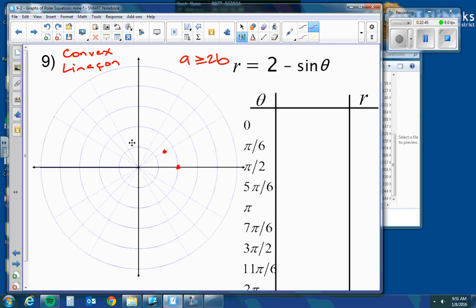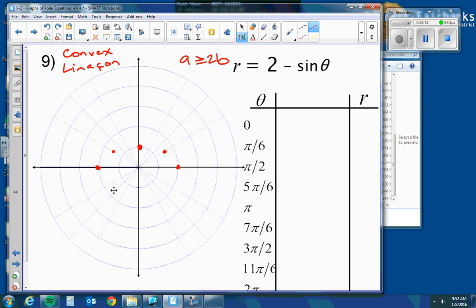And then at pi over 2, sine is 1, 2 minus 1 is 1, you get that point, okay? At 5 pi over 6, well remember, it's a sine graph, and so it's symmetric. So just come over to this point here, that's 1.5 out, goes over here. This point that was 2 out this way also goes over here. So we just took care of 5 pi over 6 and pi.